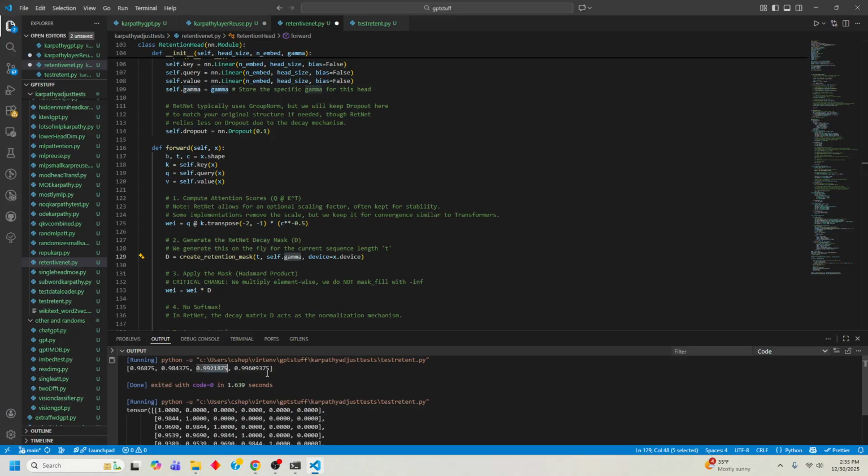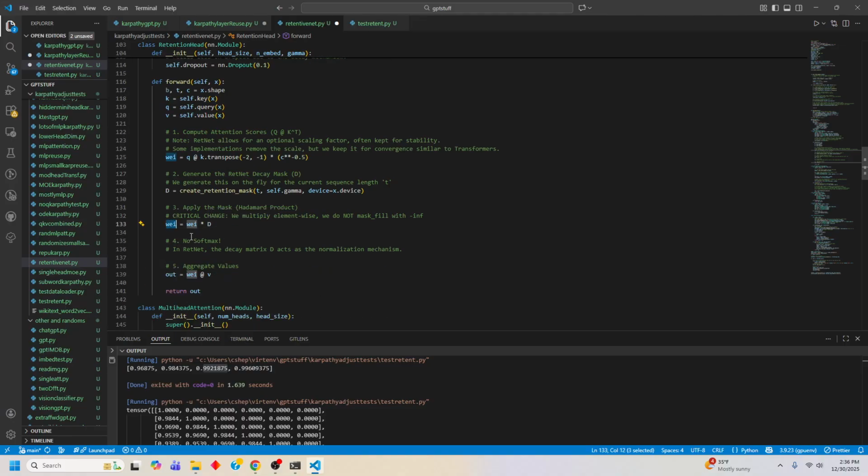Let's say that one. And then you multiply. So here you multiplied Q and K to get the weights, and then you multiply that with a mask to get this, which you multiply with the V, the value vectors.